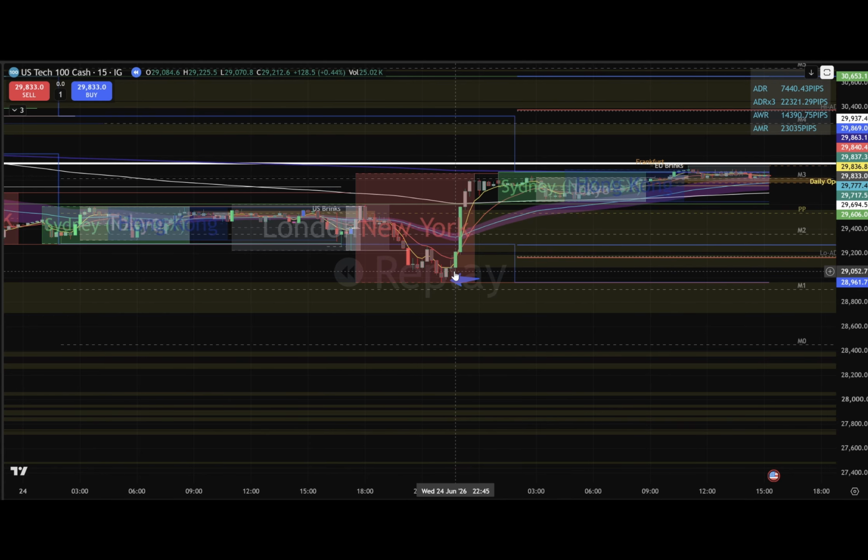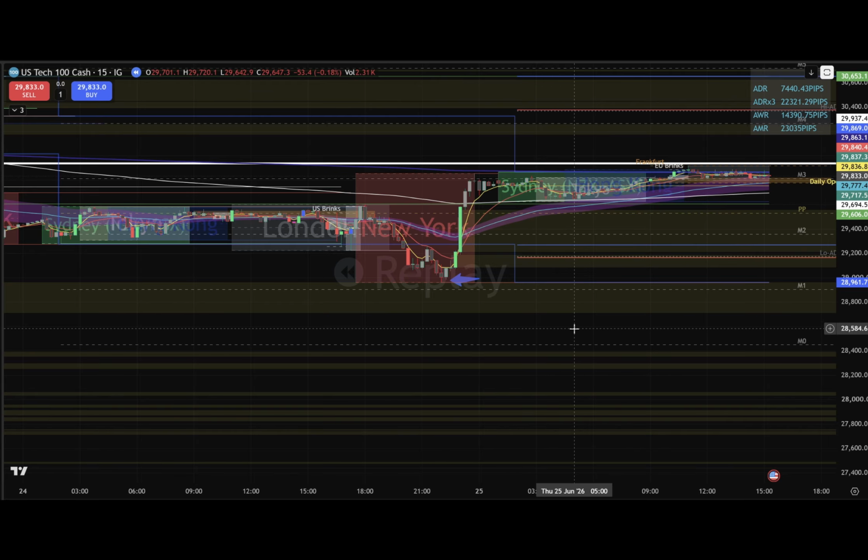Let's say you entered at 29,000 and exited here, you could have exploited a move of $500 to $600 with a leverage of 2. That would have been $1,000 net worth for you. If you leverage even 3 or 4, you can do the math yourself, talking about $1,500 to $2,000.